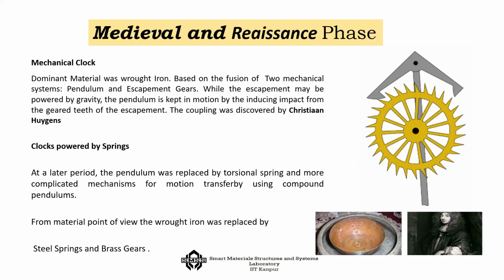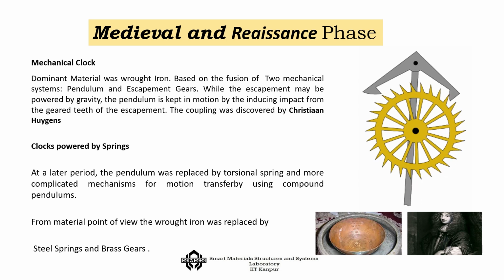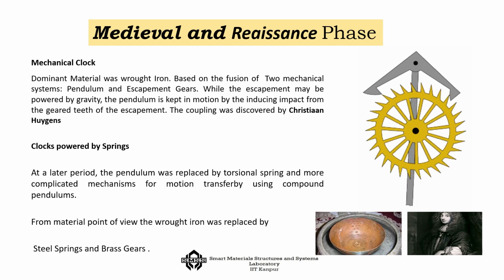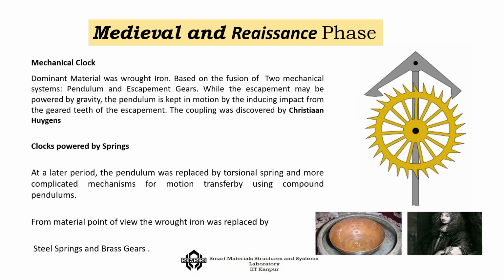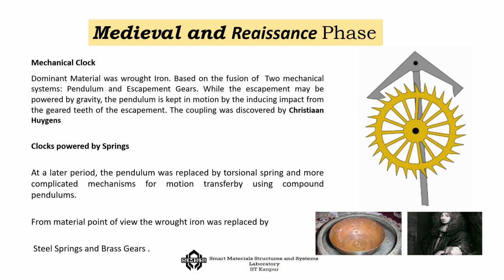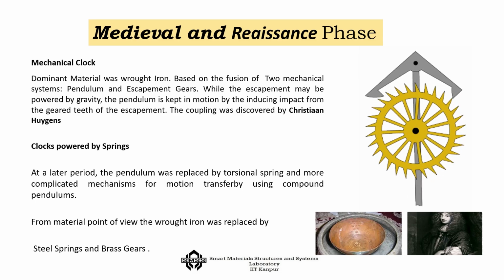Now we come to the medieval and the Renaissance phase. So what were the problems with the earlier systems? The problem is that you have to have a person who is constantly attentive when the change is happening, and as human civilization became busier and busier, you could not have that. So people started to design the first type of mechanical clock.